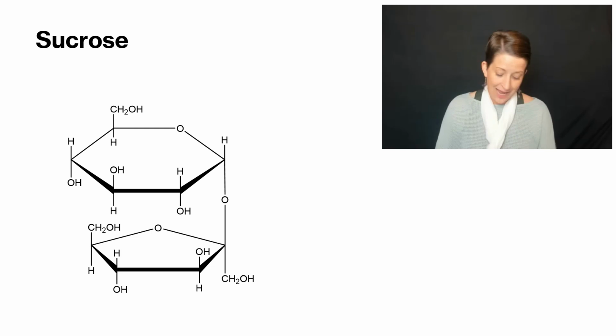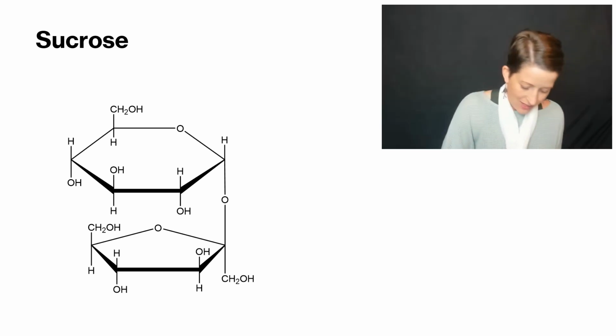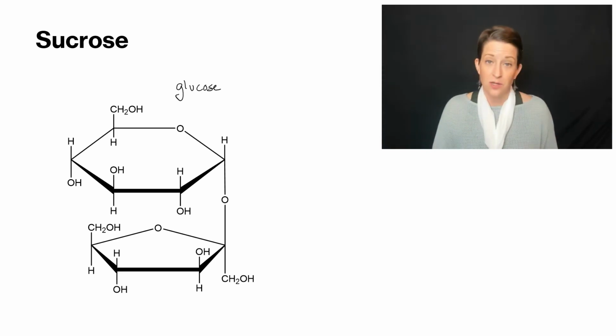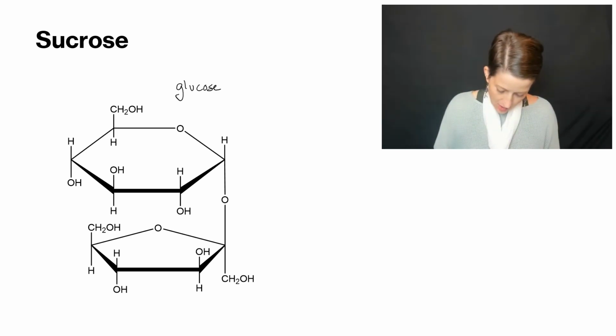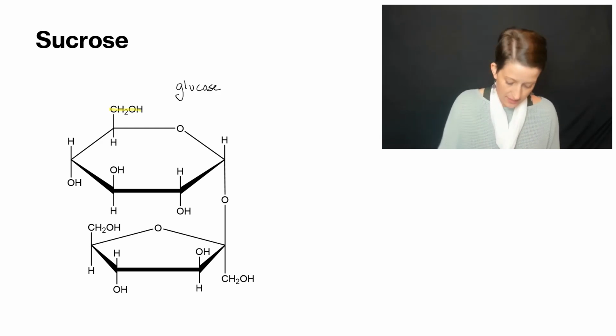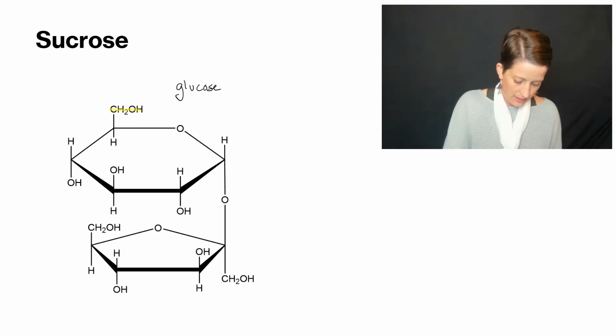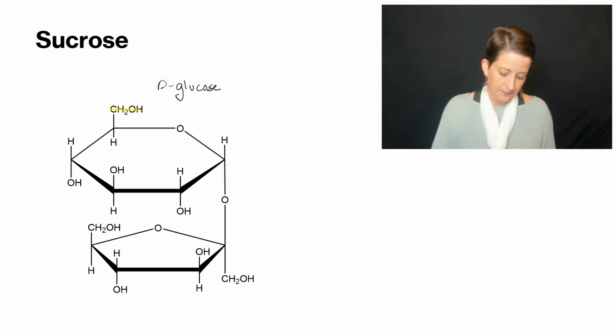All right, so looking at our glucose. Again, we know that one of our monosaccharides has to be glucose, and because there's only one 6-membered ring here, it's glucose. We need to be able to identify that it's D or L glucose, and because that carbon 6 is above the ring, we know we are working with D-glucose.